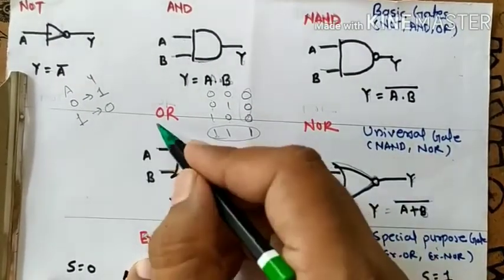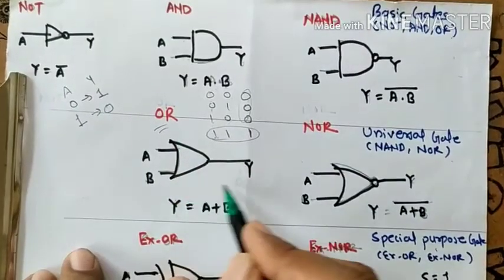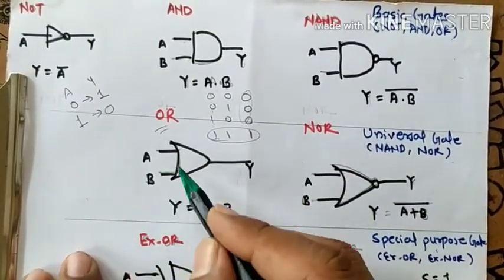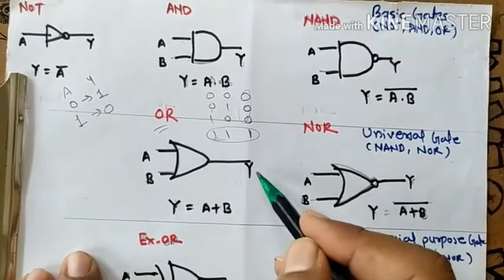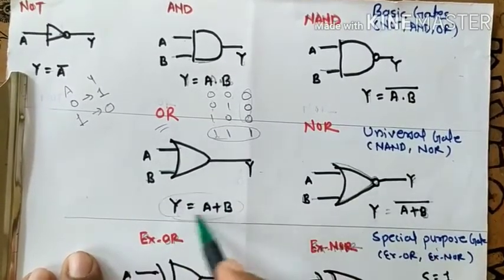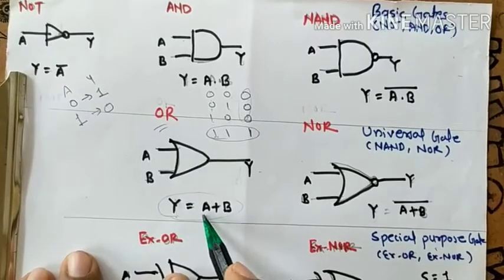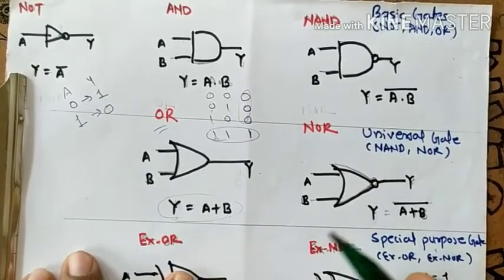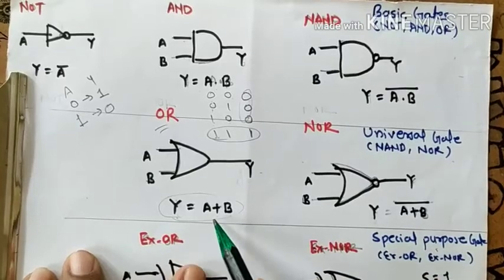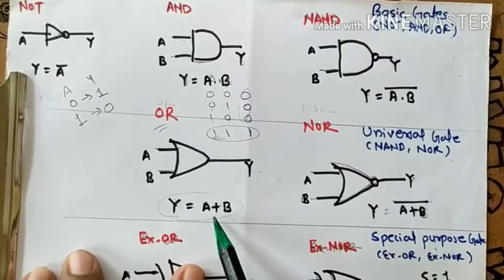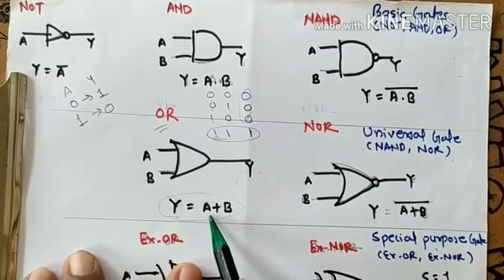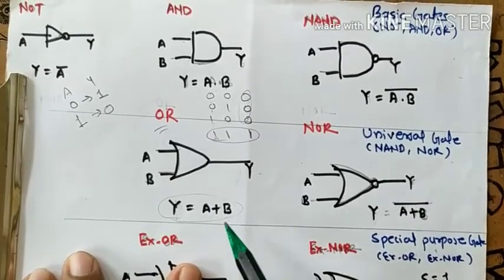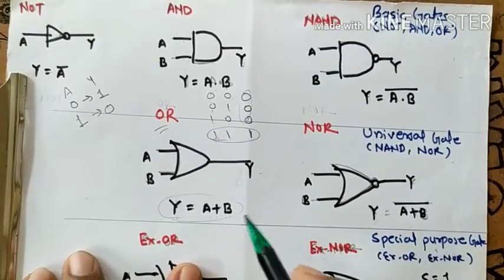So next is the OR gate. See, this is the symbol of the OR gate. There are two inputs, input A and input B, and output Y. The expression of the OR gate is Y is equal to A plus B. In the same way, it performs the addition of the two input signals.